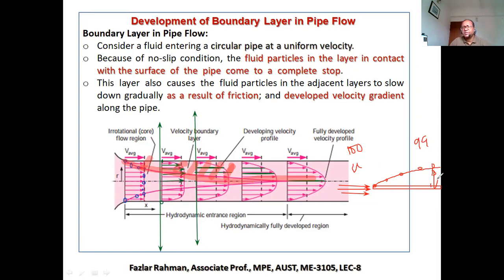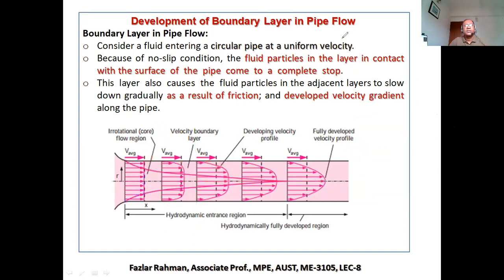This profile is called the boundary layer, because within this region, the fluid velocity will be low. If you have a pipe, the other wall will be the same thing. So you will have better flow only in the middle, outside the boundary layer.